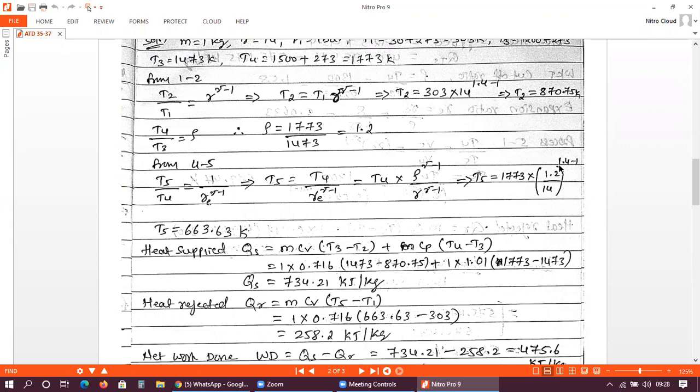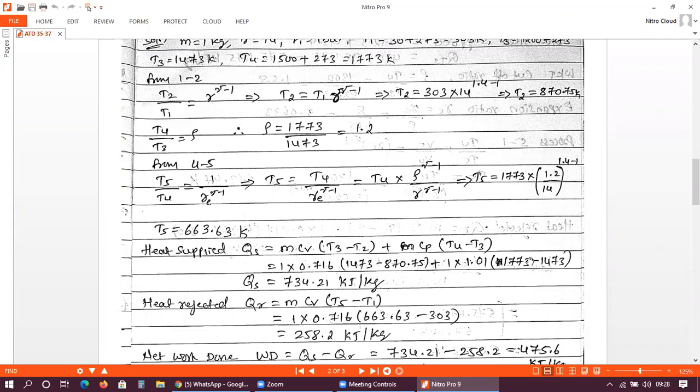Operate the calculator properly, and you will get T5 equal to 663.63 Kelvin. You will get this much Kelvin of T5 on the TS diagram.